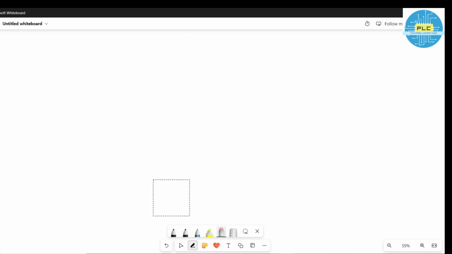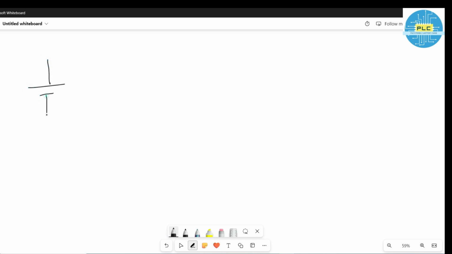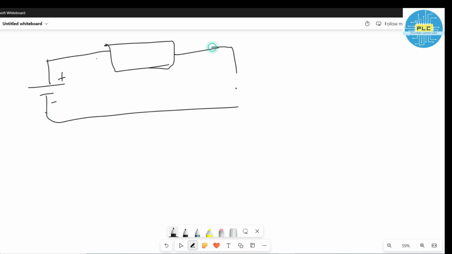Okay, voltage and signal. Now again I will write a load. This load will have positive and negative terminals. It will be a complete circuit load. Consider it as an IC. That is also an IC, the embedded controller IC. That is also one kind of IC.